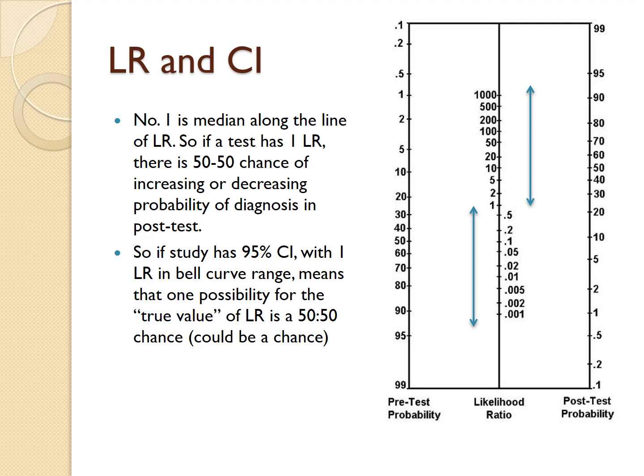Okay, so if the study has a 95% confidence interval with one value in the likelihood ratio in the bell curve range, it means that the probability for the true value of the likelihood ratio is 50-50, a chance of being either above or below.